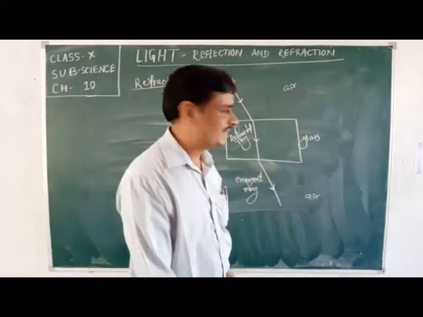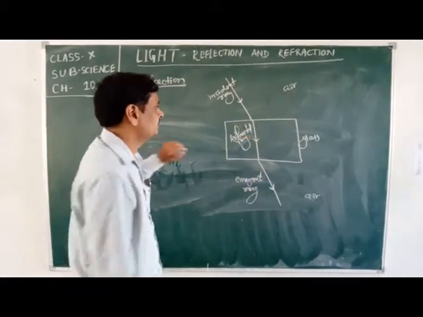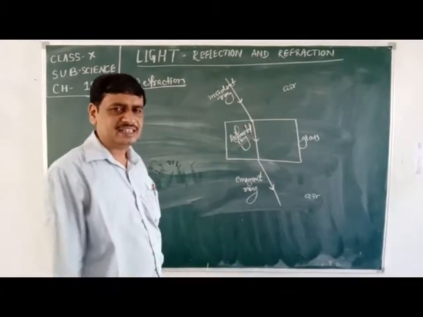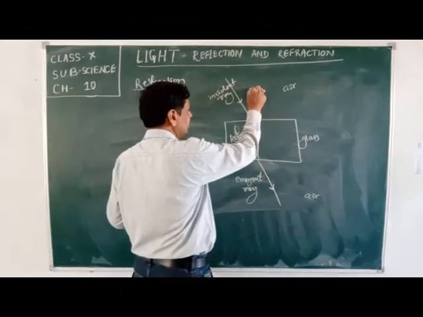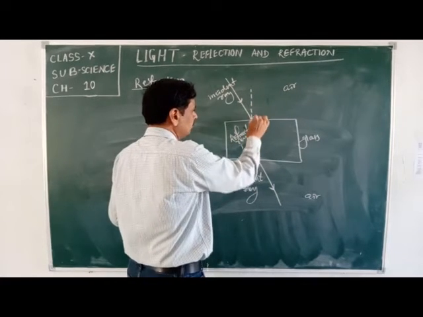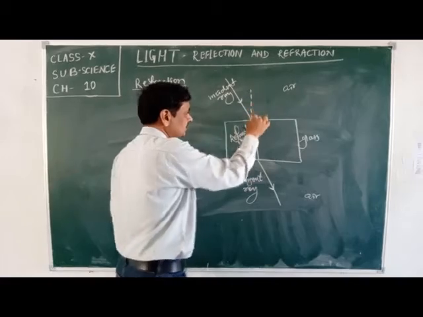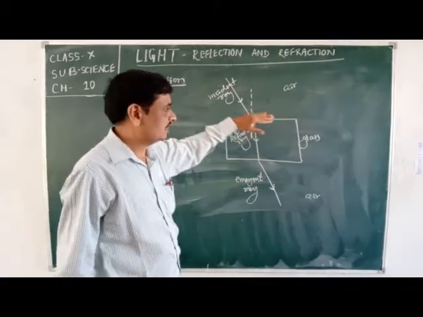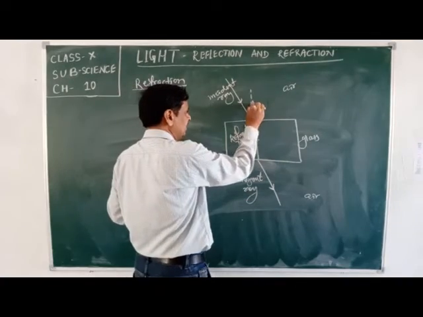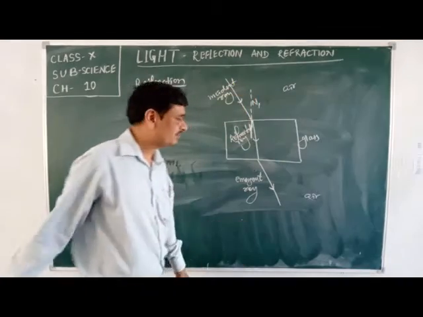The point of incidence here. At this point of incidence, an imaginary line is drawn which is perpendicular to this line of separation or border of this glass slab. That is normal, first normal N1.